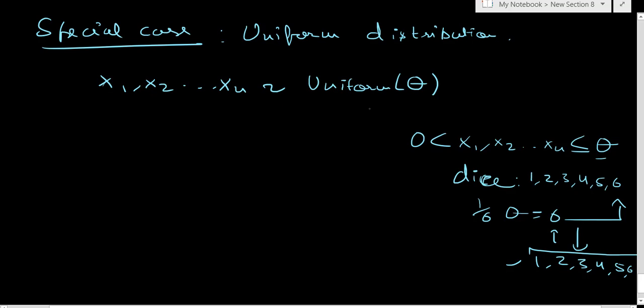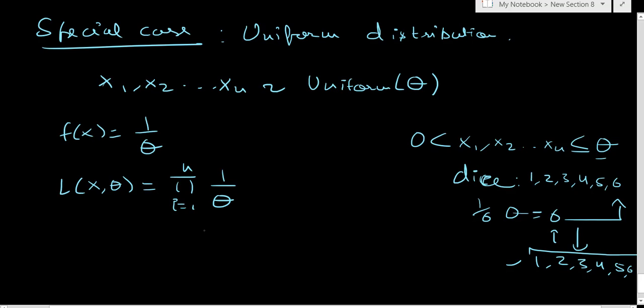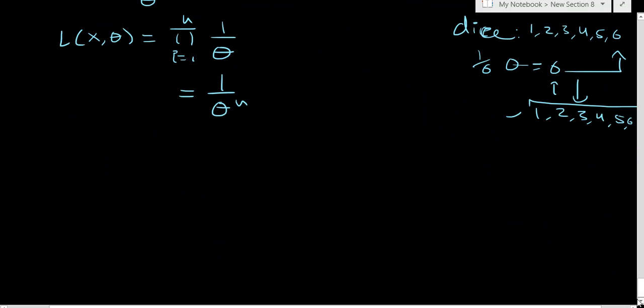So now x is following a uniform distribution, and we know that the probability function f of x is obviously equal to 1 upon theta for each value of x. So the likelihood function would be the product, i going from 1 to n, of 1 over theta. This is multiplied n times, so this would be 1 over theta to the power of n. Now what happens if I try to take a log and then differentiate it?